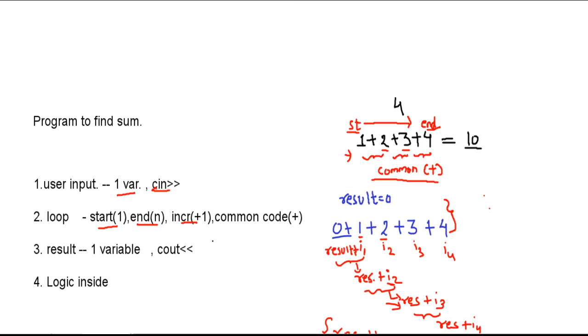What is the initial value of result in this case? So for example here, result is equal to 0, initial value is 0, but in this what will be the initial value? Think about it, because if you do 0 here, it will be 0 multiplied by 1 multiplied by 2 multiplied by 3 multiplied by 4 and equals 0.